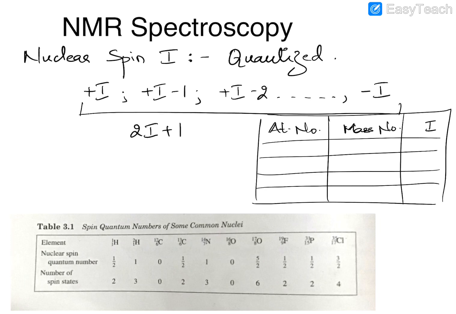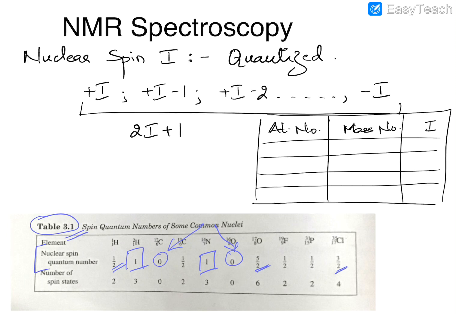As is clear from this table 3.1, the total number of spin states is dependent on the nuclear spin quantum number, and this nuclear spin quantum number can hold values of either 0, which you can see right here, or half integral values like 1/2, 5/2, 3/2, etc., or integral values like these for deuterium and for nitrogen.